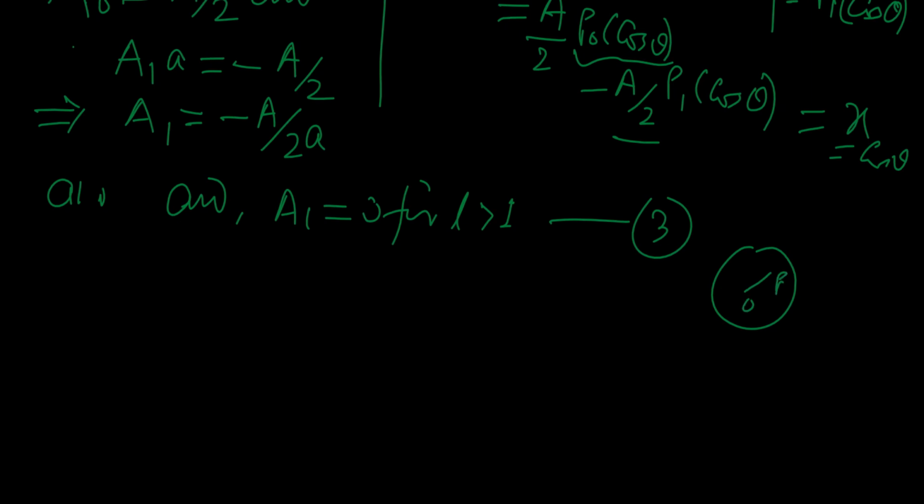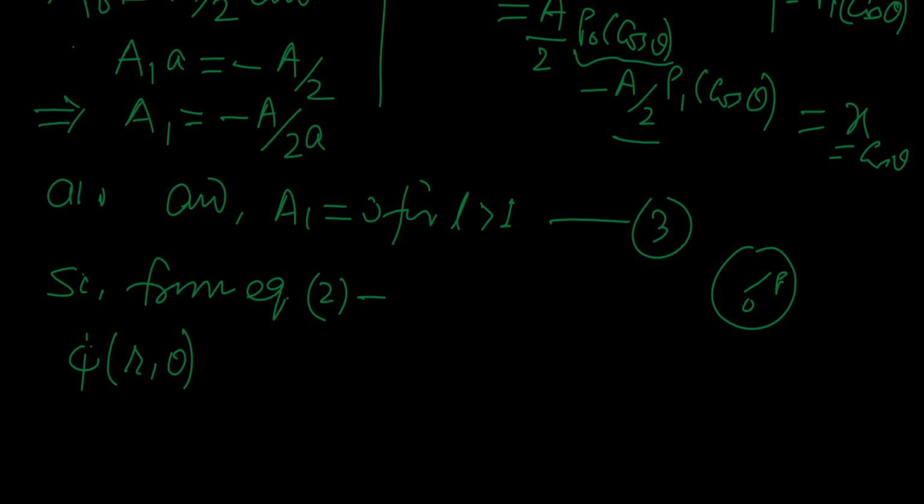For this, we see from equation 2, in general, potential at r, theta, remember r is less than a because the point is an internal point. Let us expand the expression in the RHS of equation 2.